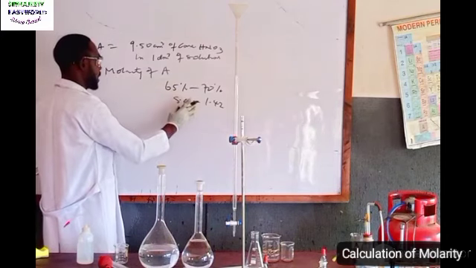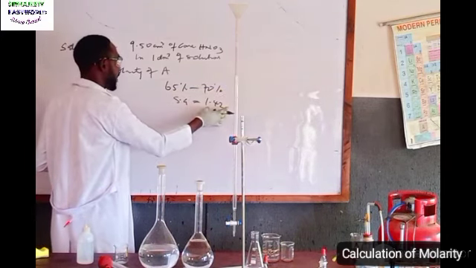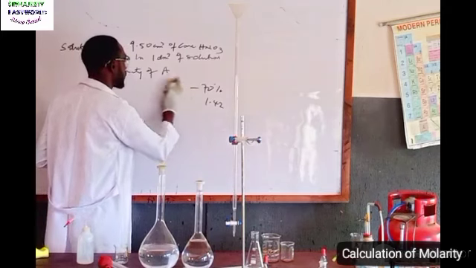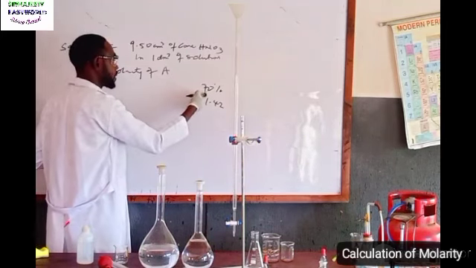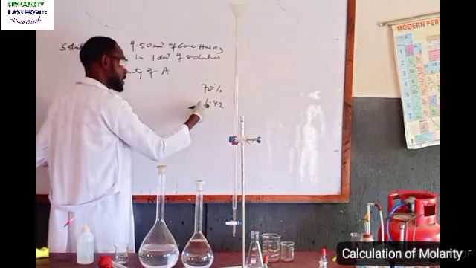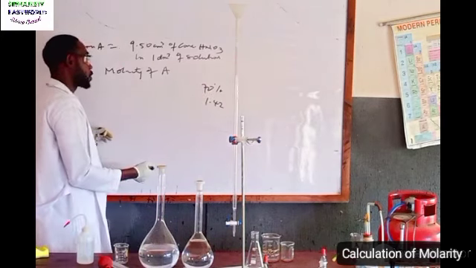Now, I'm going to assume that 70% and 1.42 is the specific gravity. So it is already established for concentrated HNO3 of 70% concentration that it has the specific gravity of 1.42.